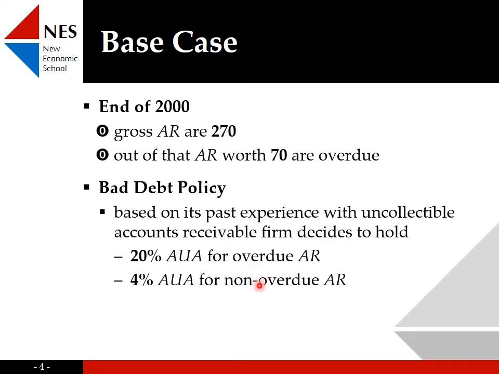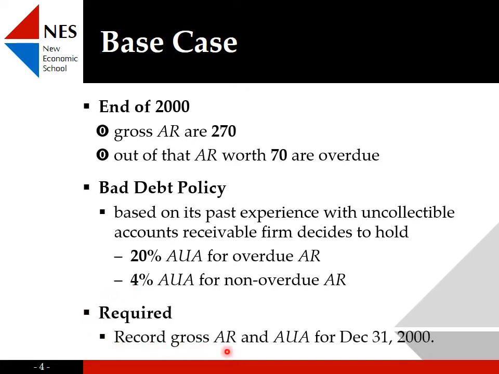The non-overdue receivables are more likely to be collected, and therefore the company requires only 4% of the gross amount in the allowance. Now our task is to record the gross amount of accounts receivable at the end of year 2000 and the allowance for uncollectible accounts at the same time.